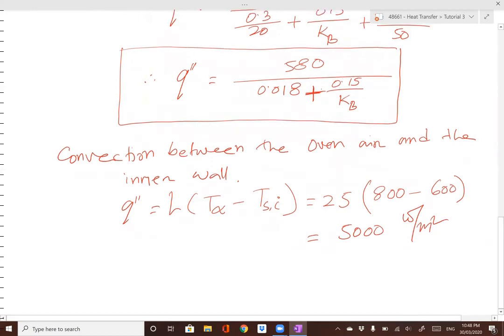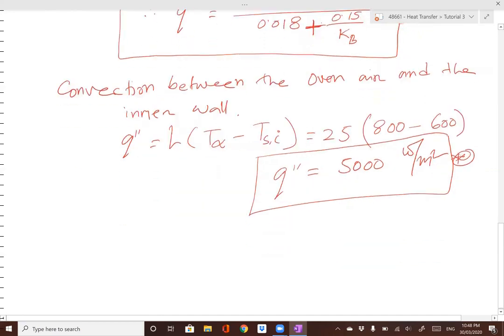Basically, this heat flux will transfer from the oven air to the inner wall, then the same amount of heat will transfer through the composite wall also.